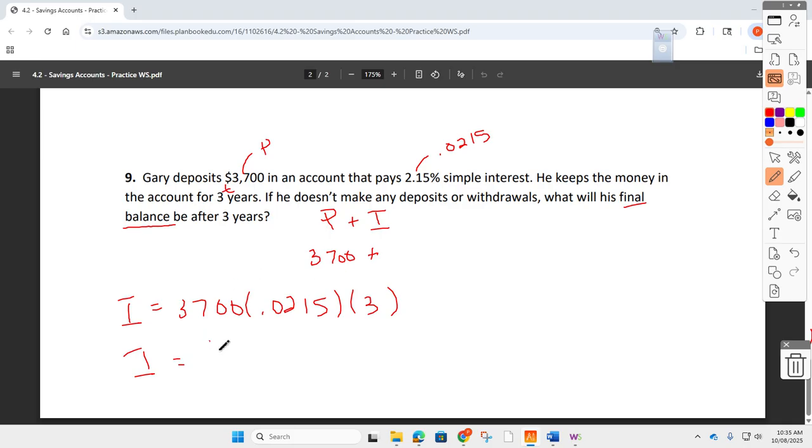Is that what you guys got? Yeah. Okay. So now it's 3,700 plus 238.65. And so what she has in her account after the 3 years, after she earns this interest, is $3,938.65.